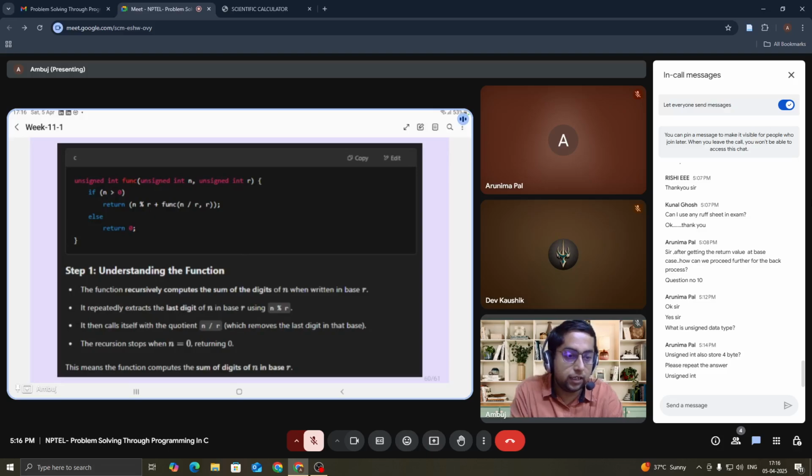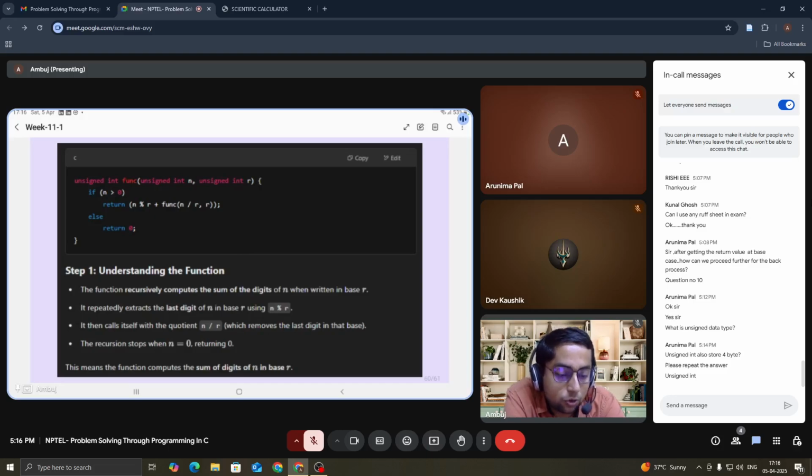See, what is the thing regarding unsigned int? Unsigned int, or unsigned integer, just means that you cannot store any negative integer inside that particular variable type.